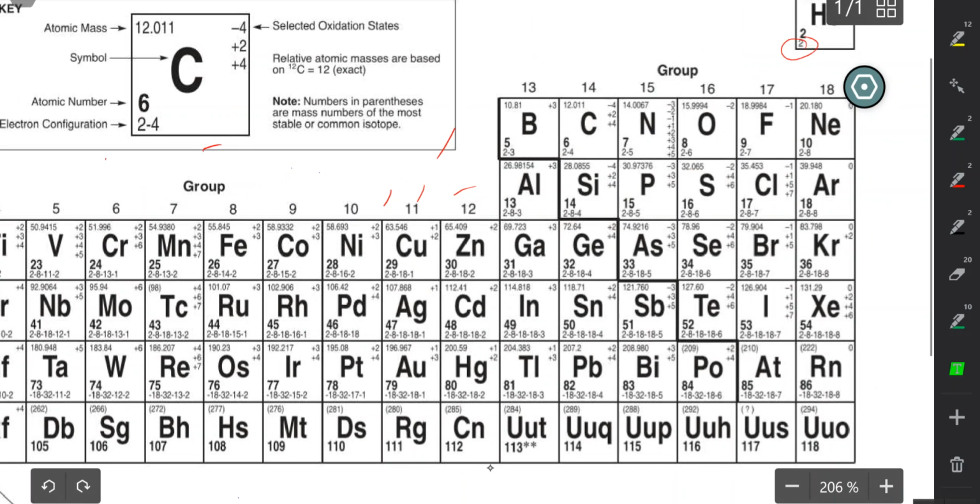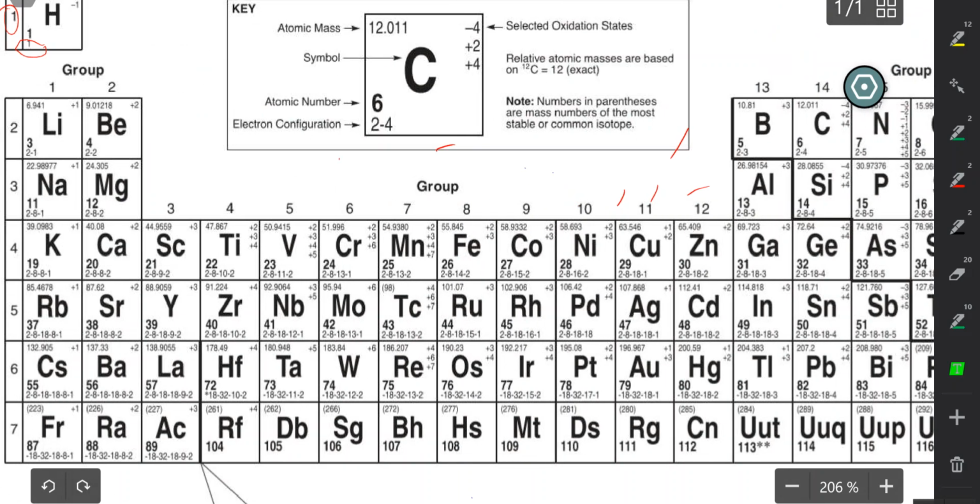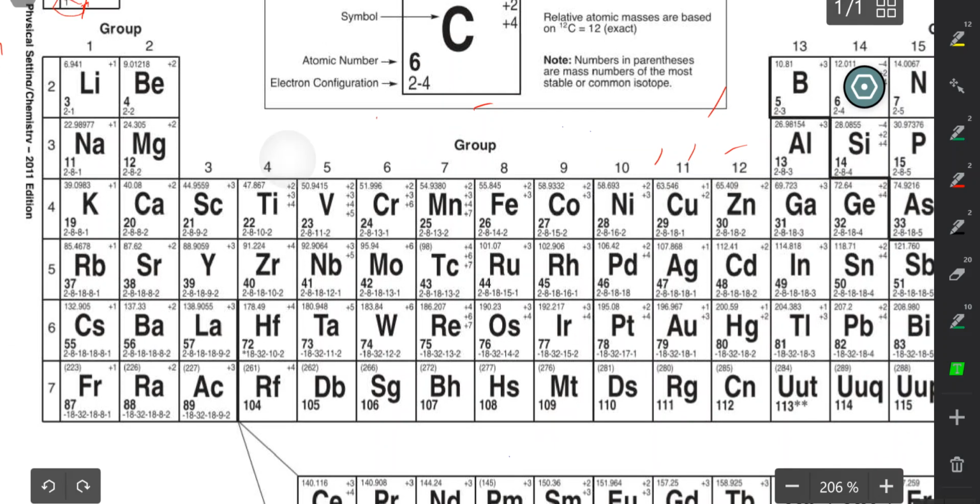In this electron shell there are 2 electrons, which means helium is already chemically stable. In this electron shell there's only 1 electron, which means hydrogen is not yet stable and needs to either lose, gain, or share its electron with another element. We'll talk more about sharing and transferring electrons when we get to bonding.